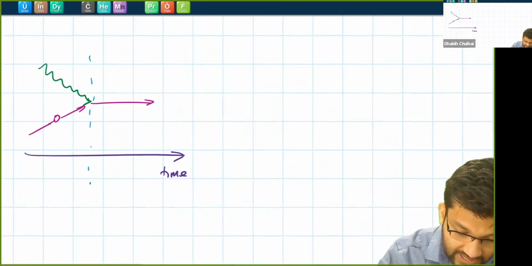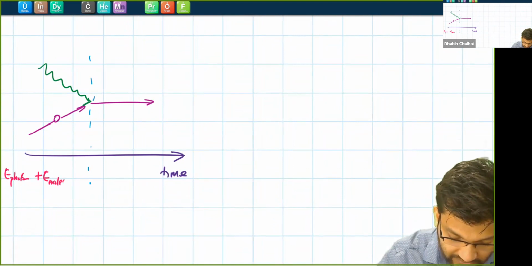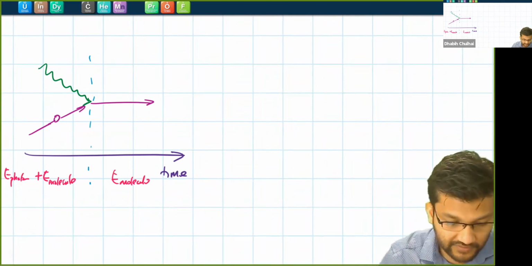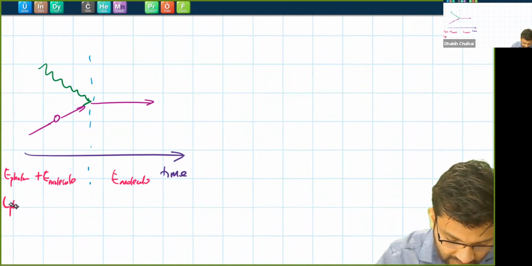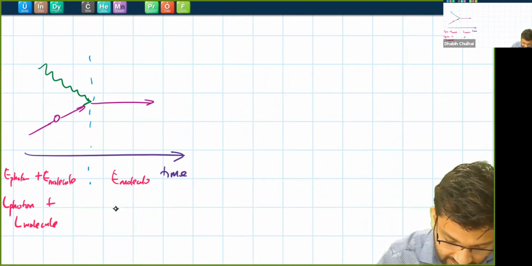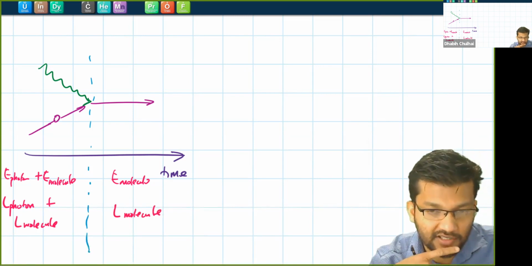If you add up the energies before, so the energy of the photon plus the energy of the molecule before interaction, it should be the energy of the molecule after interaction. That's just conservation of energy. The angular momentum of the photon, I'm using L for angular momentum, plus the angular momentum of the molecule before interaction should be the angular momentum of the molecule after interaction, right? That's just conservation of angular momentum.